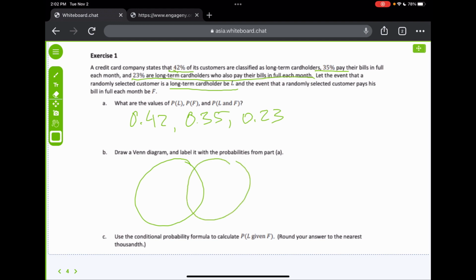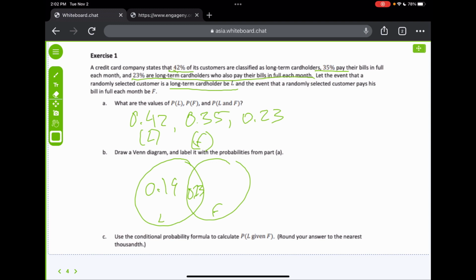Okay? If we have, this is L and this is F, and the part that they are both, we've already said, is 0.23. So we've got to subtract that from L and from F. If we subtract that from L, that gives us 0.19.